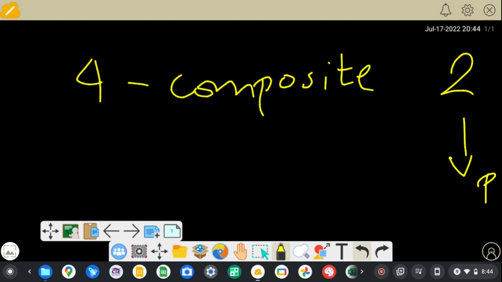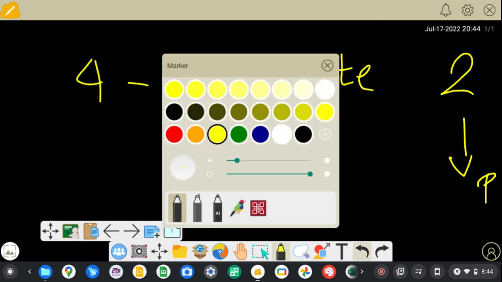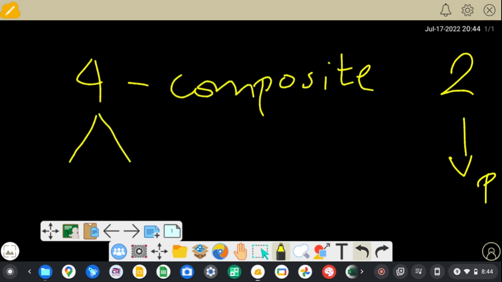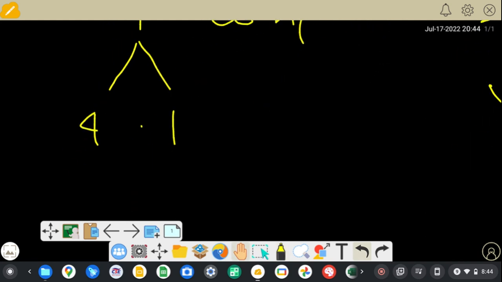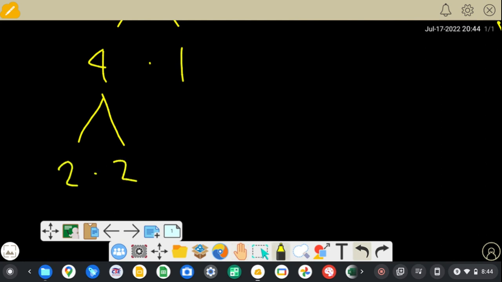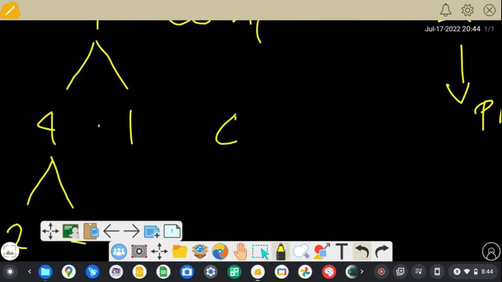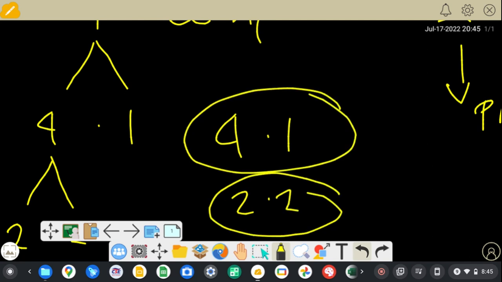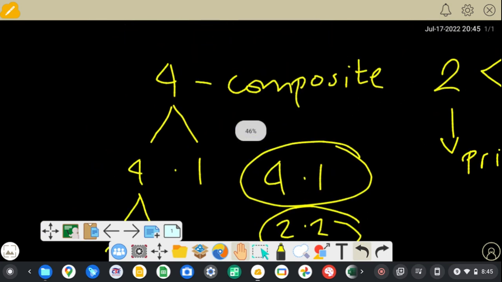When a number has other factors except 1 and itself, that means that number is a composite number, because 4 we can write as 4 times 1, and 4 also we can write as 2 times 2, meaning except 4 times 1 there is another factor, which is 2 times 2, meaning this is not a prime, this is a composite number. 4 is a composite number.